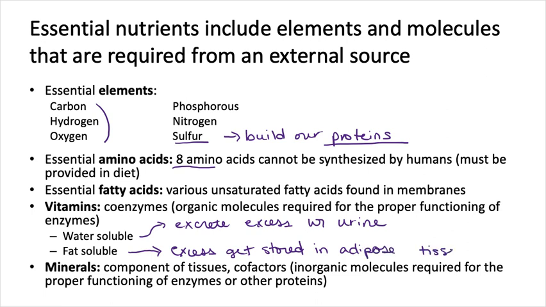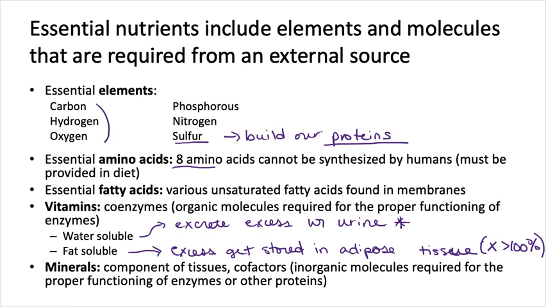So it's important when you are taking vitamins, especially if they are supplements, it's okay to take an excess of water-soluble vitamins, but for our fat-soluble vitamins like vitamin E, make sure you don't take over 100% of your daily recommended dose.